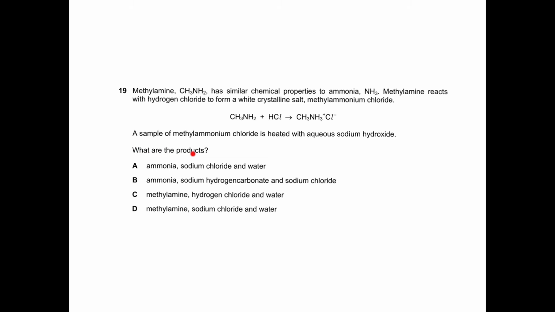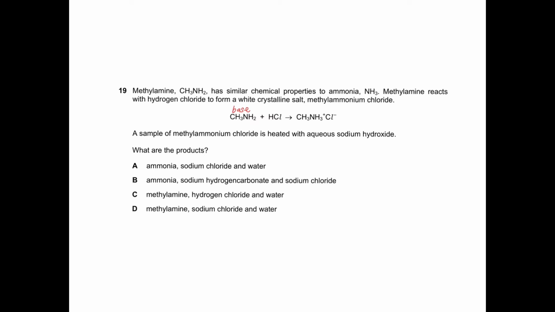What are the products? To understand this question, first we look at the chemical equation. We have to understand that on the left-hand side, the first reactant over there, methylamine, is basically a base.